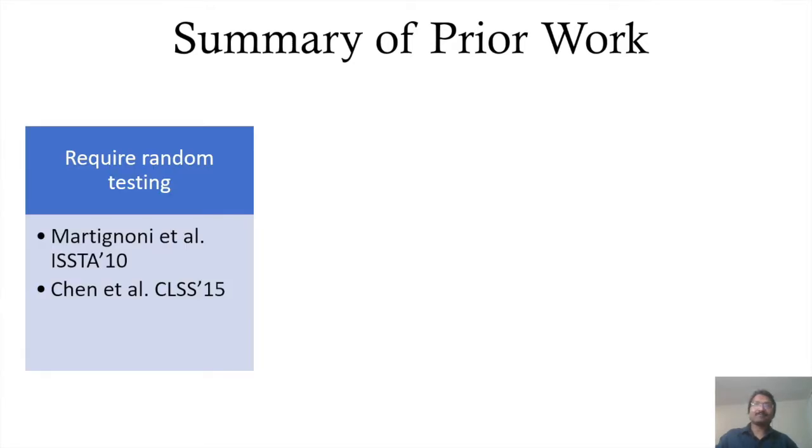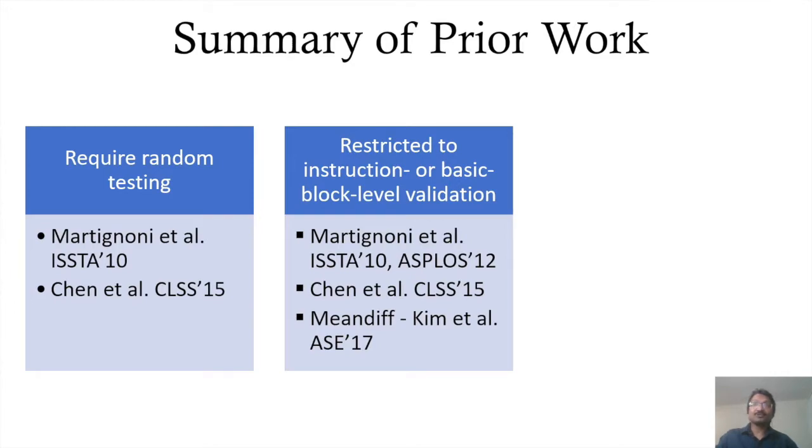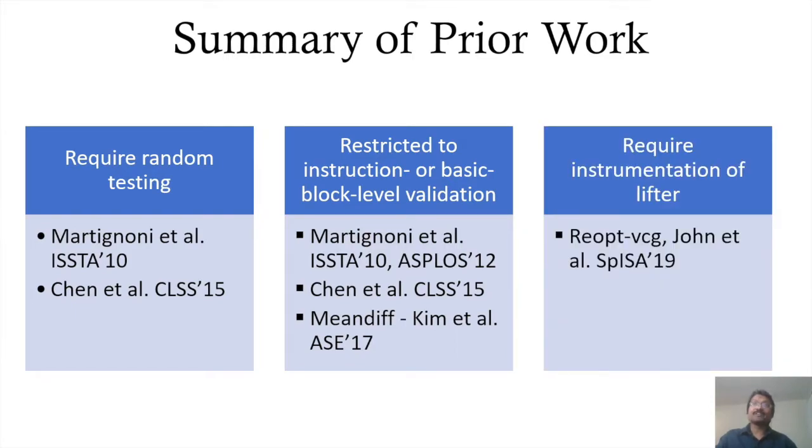Either they require random testing, which leads to incomplete coverage, or they use symbolic execution and are restricted to single instruction or basic block level validation that do not scale to full program validation. On the contrary, our main goal is to support full program validation. Some of them require instrumentation of the lifter framework to emit additional information required to prove correctness. We deliberately moved away from any such instrumentation-based approaches so as to avoid the overhead of maintaining instrumentation patches whenever the lifter got updated.